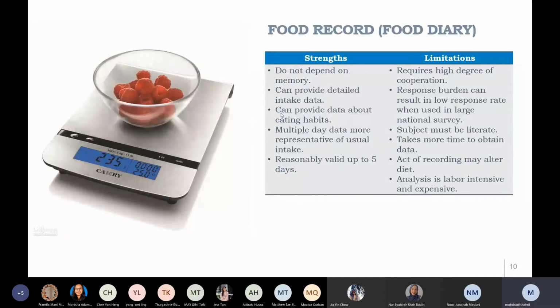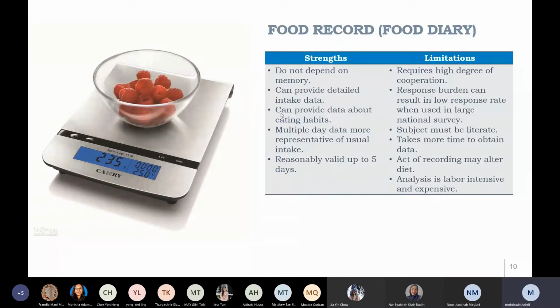Okay, but there are some limitations because it requires a high degree of cooperation from the respondents, and there is a response burden which can result in low response rate when used in large national surveys.